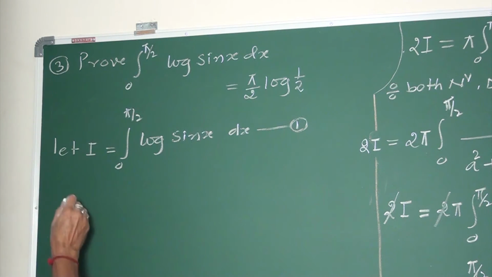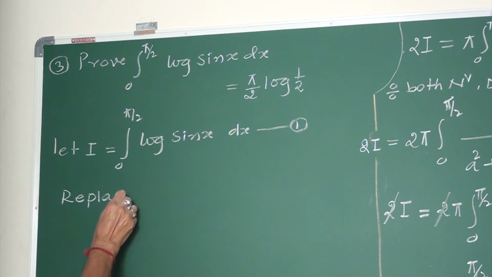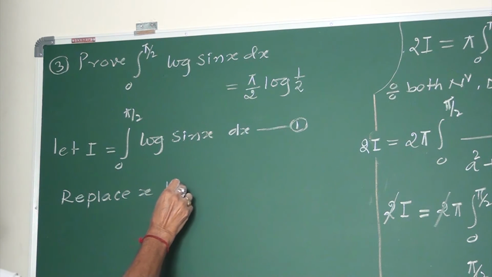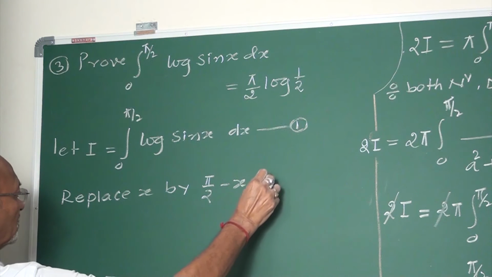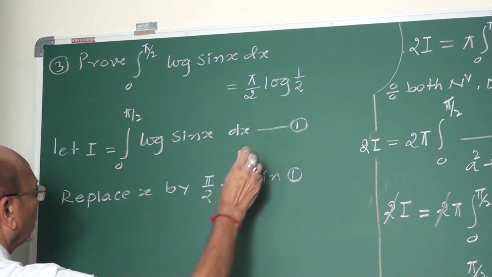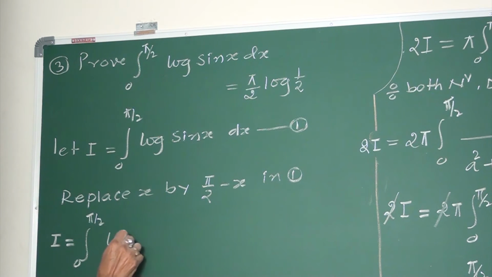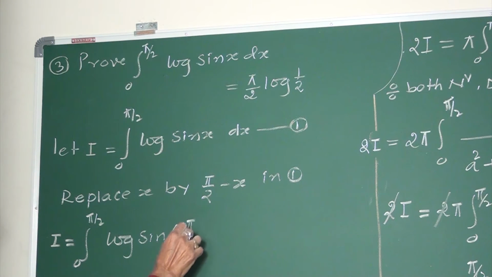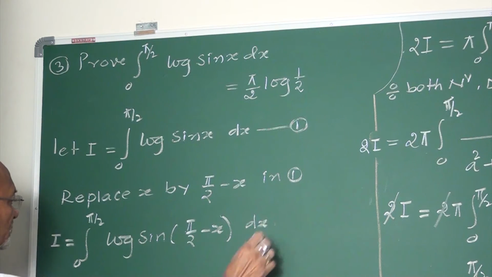Yes, my friend, replace x, same theorem, x by pi by 2 minus x in 1. So it is the same, I equal to integral 0 to pi by 2 log sin of pi by 2 minus x dx.